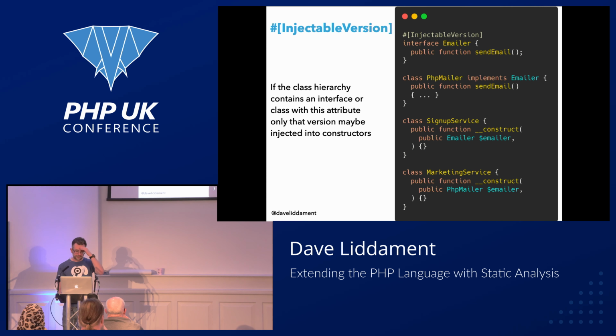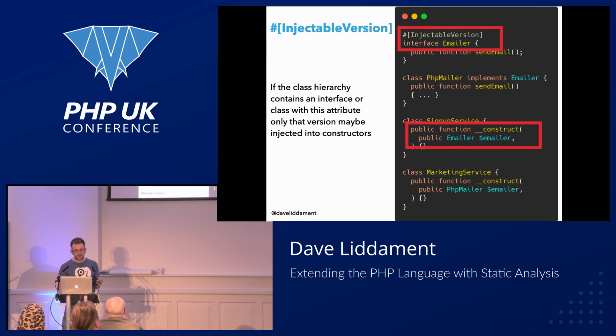And there's a couple of others I've done. There's this thing, injectable version, and this is for dependency injection. If, for example, you've got an interface and then many concrete implementations of it, for dependency injection, you should be referring to the interface. So what we could do is we've got this emailer, and we put the injectable version attribute on it.